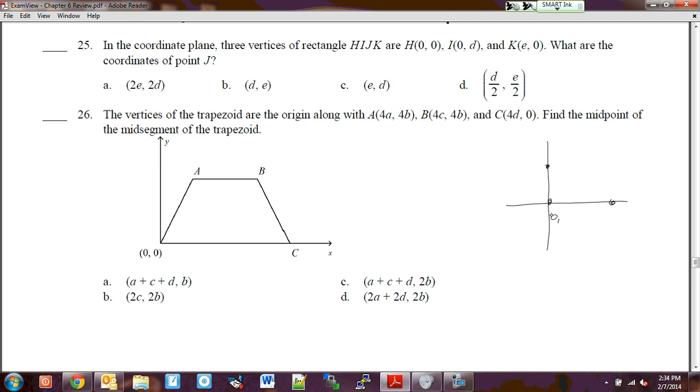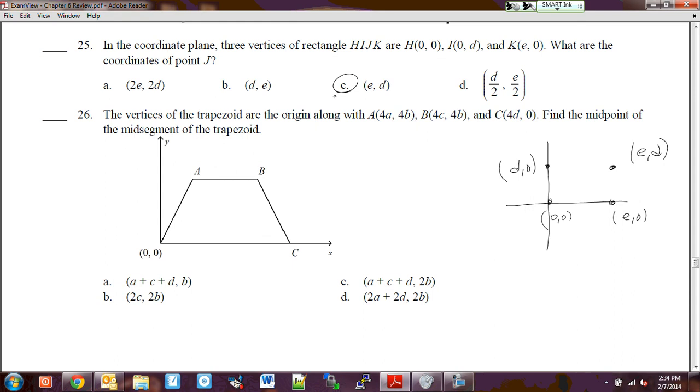So this is 0, 0. This is over E, up 0. This is up D, over 0. So we want to know what this point is right here. Well, to get to it, since we know it's a rectangle, we know this is a 90-degree angle. So we went over E and up D. So E, D would be the correct answer. 25 is C.